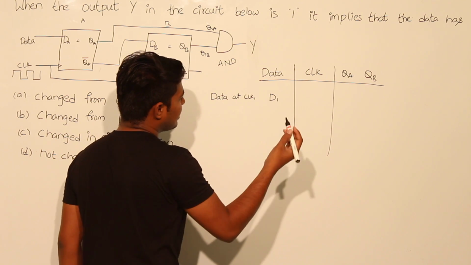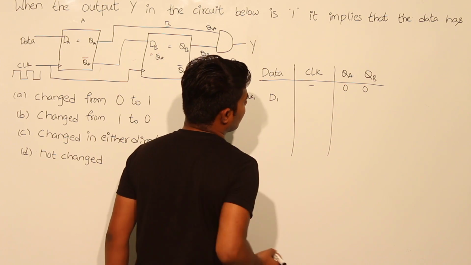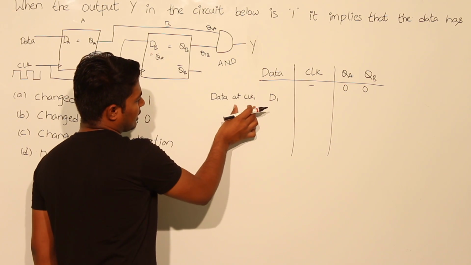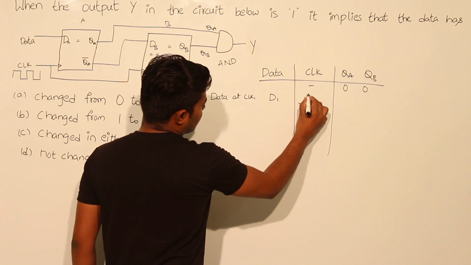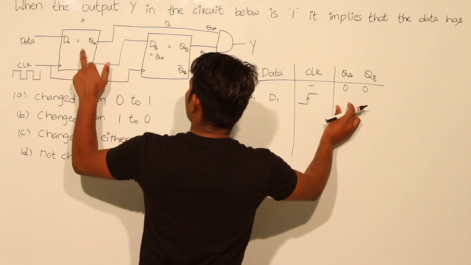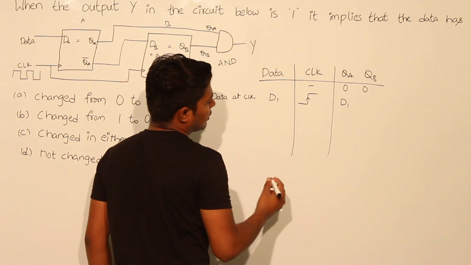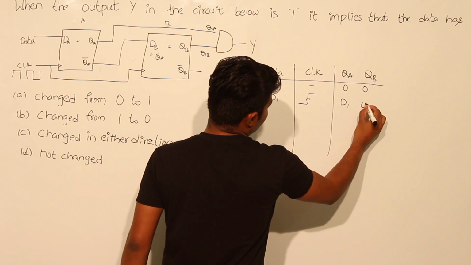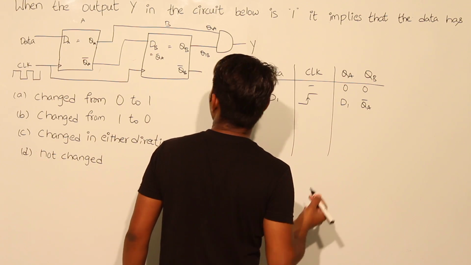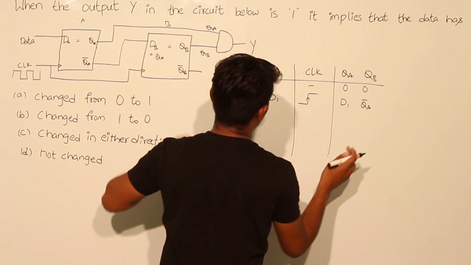Initially the clock is reset and the values of QA and QB are equal to 0. Whenever data is applied at clock 1, that is a positive edge trigger clock, the value of QA equals D1, and the value of QB is nothing but QA bar, because the value of QB is nothing but DB equal to QA bar.